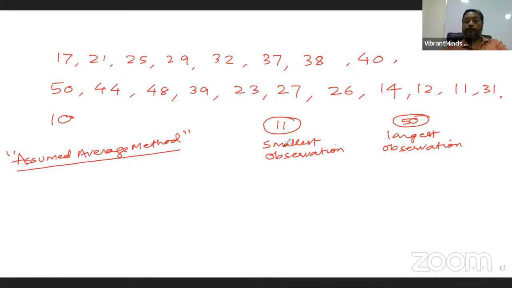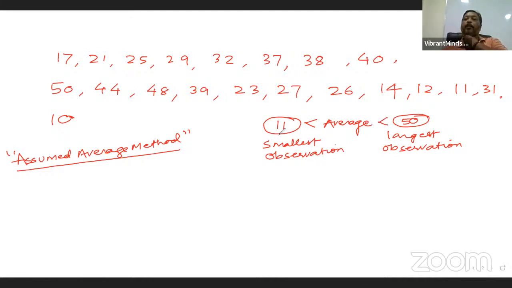Now understand. My average will always be greater than 11 but less than 50. The rule says my average will always be greater than my smallest observation and less than my largest observation.